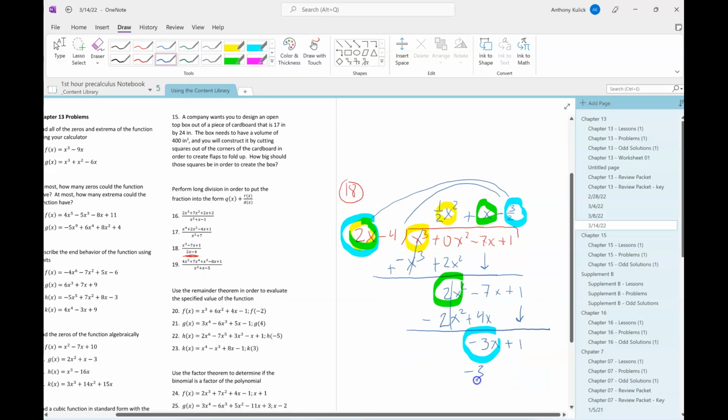So I have -3x, and then -3/2 times -4 gives me positive 12/2, which is just 6. We'll distribute the negative through, so that becomes positive, that becomes negative. -3x plus 3x cancel out. 1 plus -6 is -5.